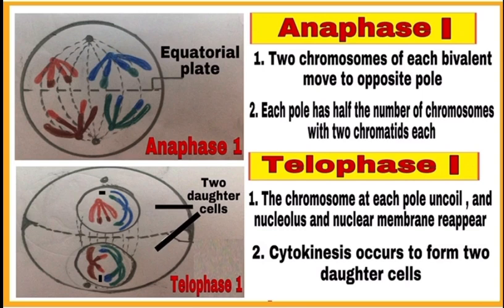Now, the last stage of meiosis I is telophase I. The chromosome at each pole uncoil and nucleolus and nuclear membrane reappear. Cytokinesis occurs to form two daughter cells. So, at the end of meiosis I, both daughter cells have two chromosomes, which is half of that of parent cell.